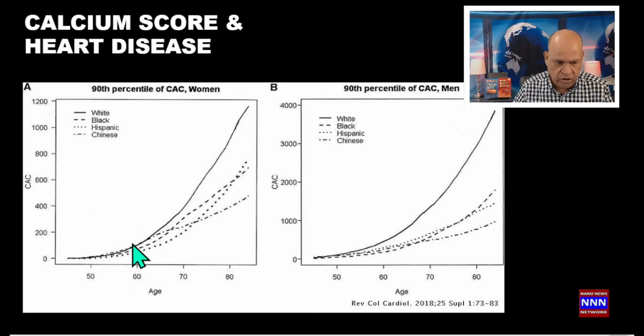And the Caucasian group or the white group, both women and men, have a much higher incidence of calcium deposition in the coronary arteries as they age. From age 60 to 70, it goes up. From 70 to 80, it goes proportionately much higher. So the higher the amount of calcium, the higher is the incidence of coronary artery disease or multi-vessel coronary artery disease.